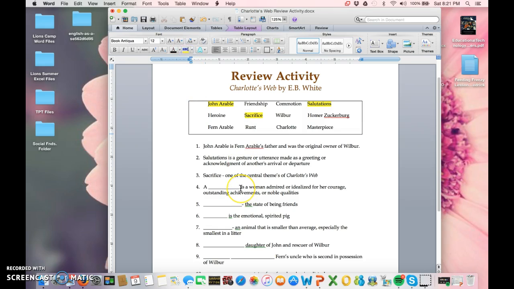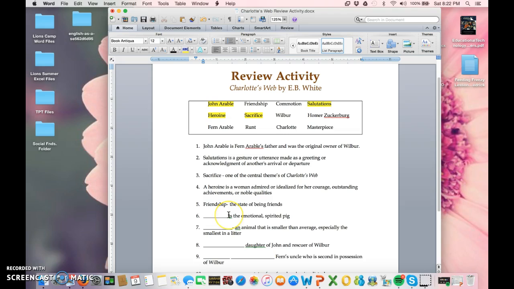Okay, number 4. A blank is a woman admired or idealized for her courage, outstanding achievements, or noble qualities. Heroine. Correct. Okay. Number 5. This is the state of being friends. Friendship. Correct.